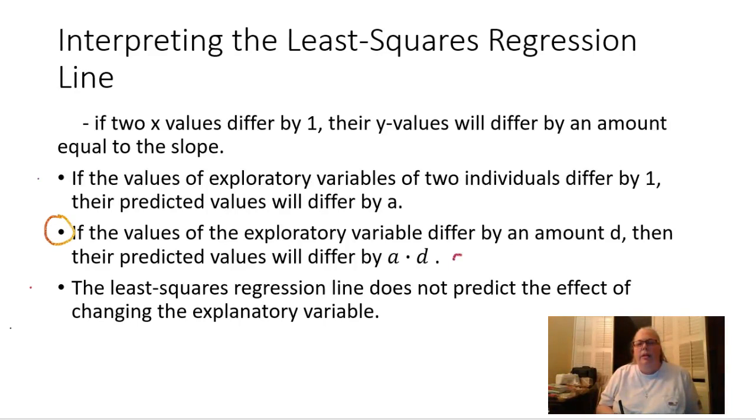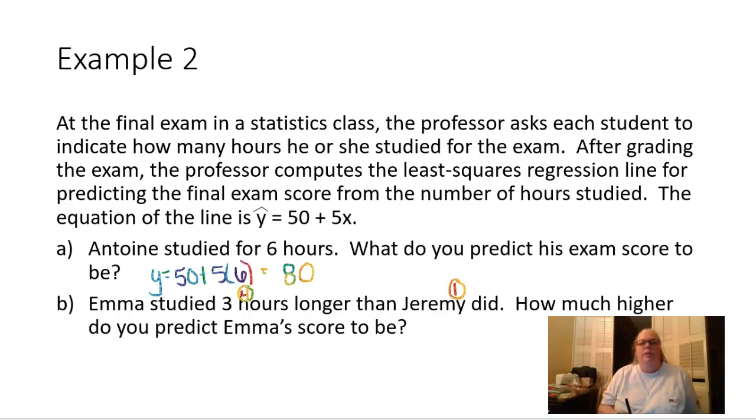So this is actually saying we should be multiplying the slope times d, whatever that difference is in the amount. In this case, the difference between the amount that Emma studied and the amount Jeremy studied was 3. So our difference would be 3. And then the slope that we have, that's right here.